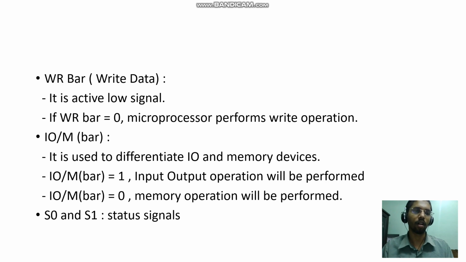Similarly, there is IO/M bar. It is used to differentiate input/output and memory devices. If IO/M bar is 1, the input/output operation will be performed, and if it is 0, then the memory operation will be performed. S0 and S1 are status signals.